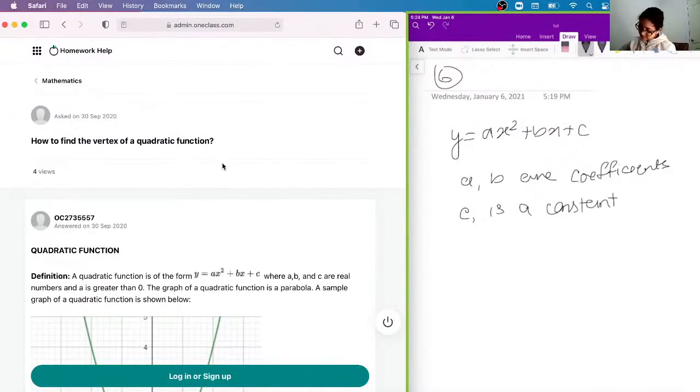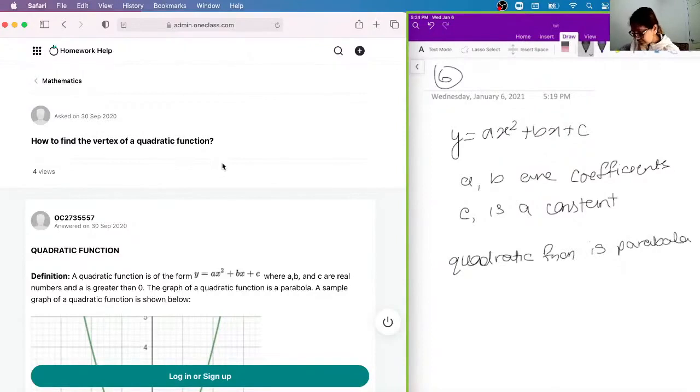Basically, a, b, and c are real numbers and a is greater than 0. And a quadratic function is a parabola.